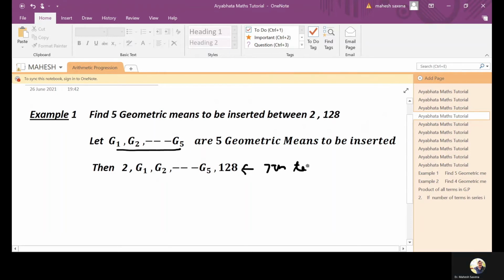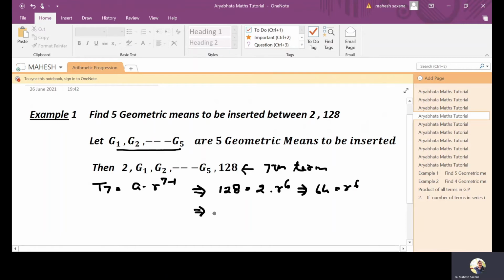Therefore, T7 is equal to A into r to the power 7 minus 1, implies that 128 is equal to 2 into r to the power 6, implies that 64 is equal to r to the power 6, and 64 can be written as 2 to the power 6. Therefore, r is equal to 2.